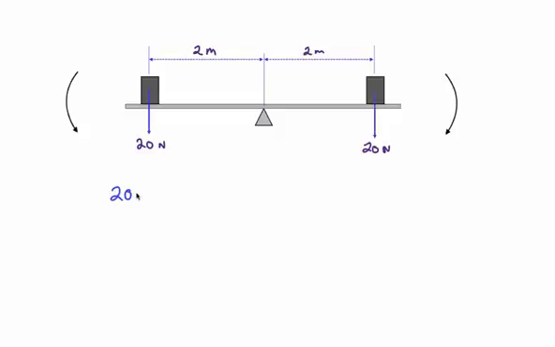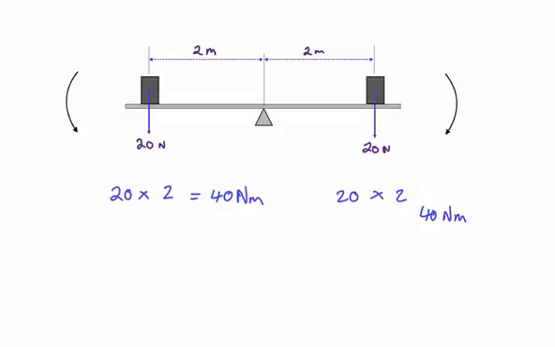It's just the force times the distance, the perpendicular distance, so it's 20 times 2 over here, and same on this side, 20 times 2, and both of those values are 40 Newton meters. So both of the turning forces are the same, and therefore this thing is balanced. I should have written there 40 Newton meters.